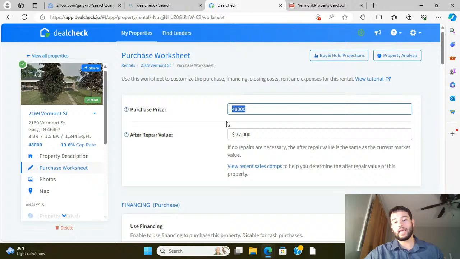Half of that would be 33, 30 something. That matches up with that one property we've seen at 33,000. 33,000 is nice. I could see it go for 28 to 33, and to be honest with you guys, 33's got to be the high end.